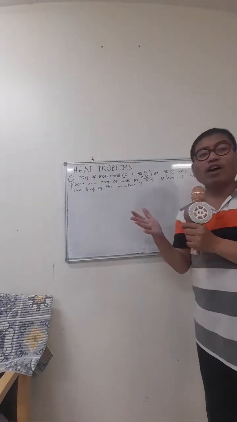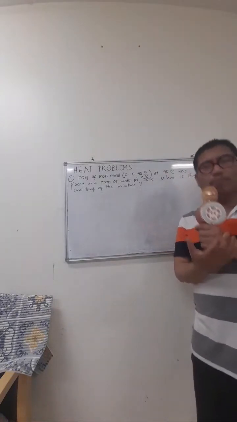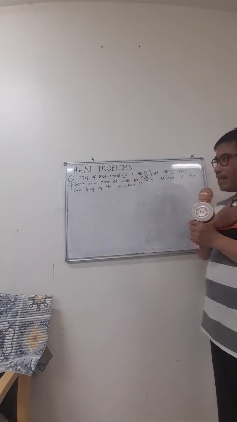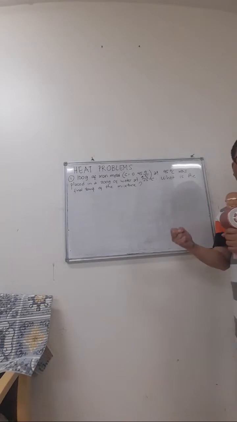The atomic weight of iron is 55.85 grams per mole. This is highly electropositive and a naturally occurring element. It's not chemically combined, it's really found in nature.